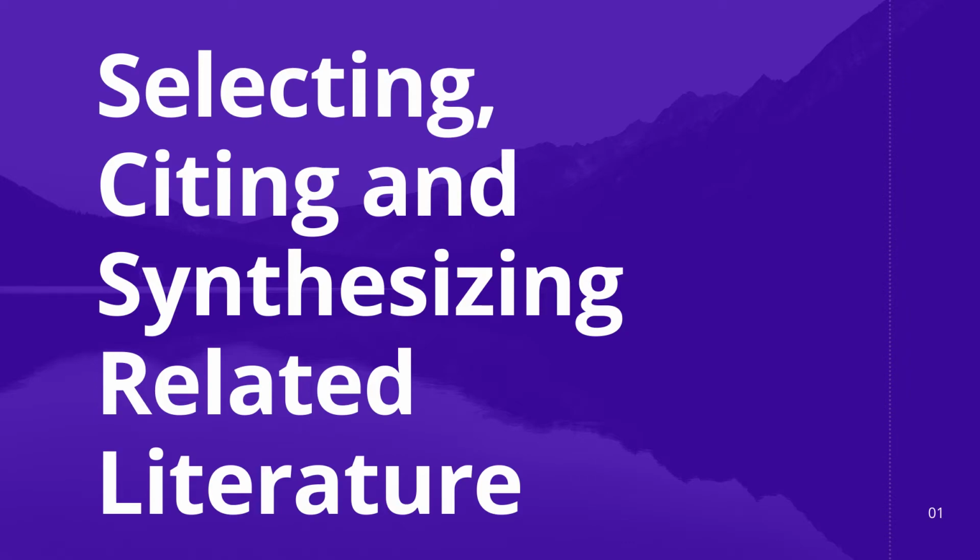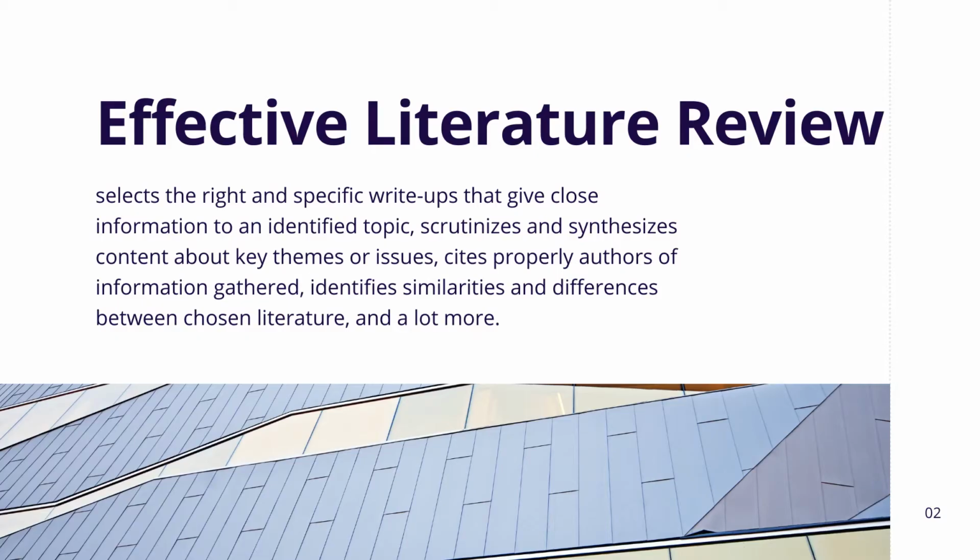your understanding. In the previous lesson, you learned the definition, importance, and purpose of literature review. An effective literature review selects the right and specific write-ups that give close information to an identified topic, scrutinize and synthesize content about key themes or issues, cite properly authors of information gathered, identify similarities and differences between chosen literatures, and a lot more.